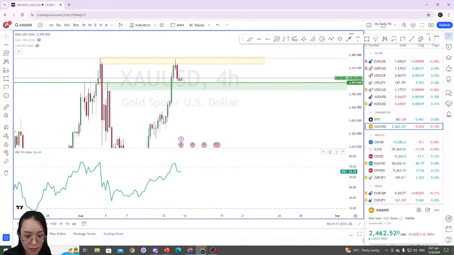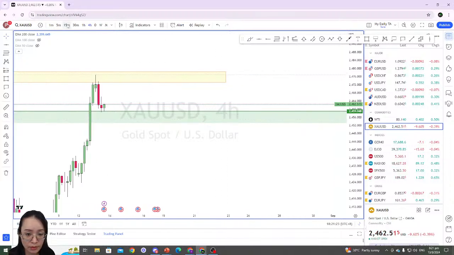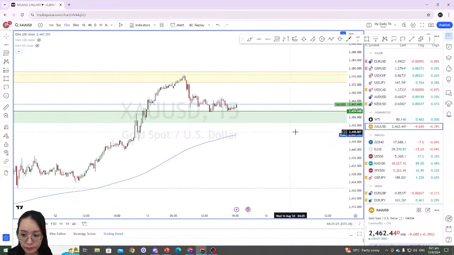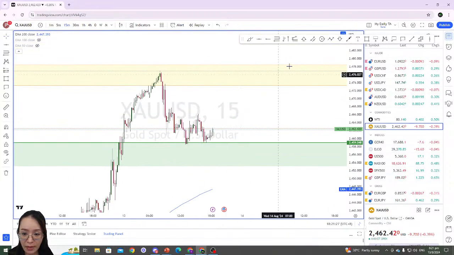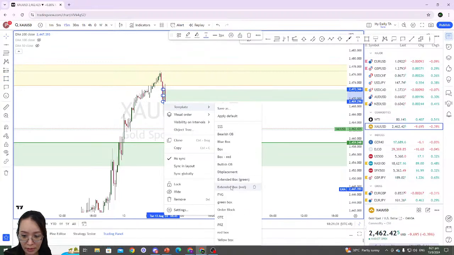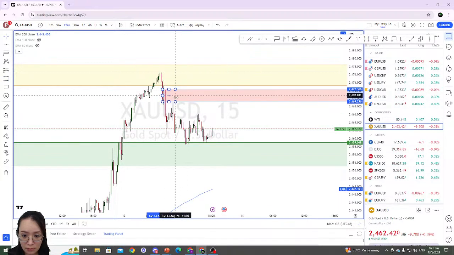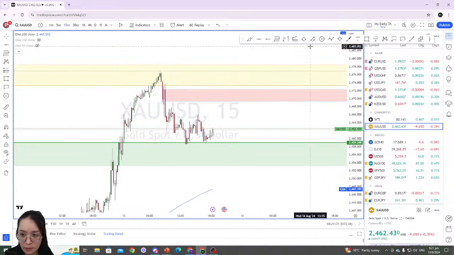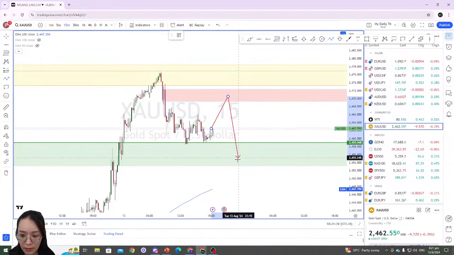And this is the higher time frame. I think it can still fall more. It might go back up, but there might be news, so just need to be careful. Let's say if price comes to this zone, I'm going to short at this level. Meaning wait for price to pull back and I'm going to short again.